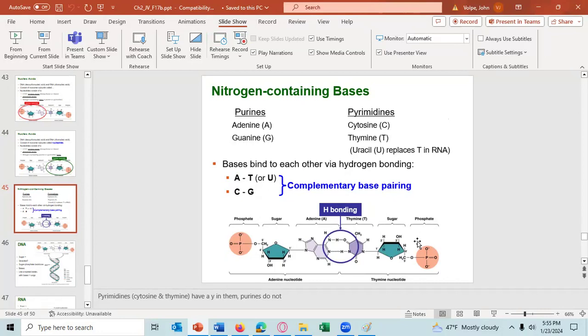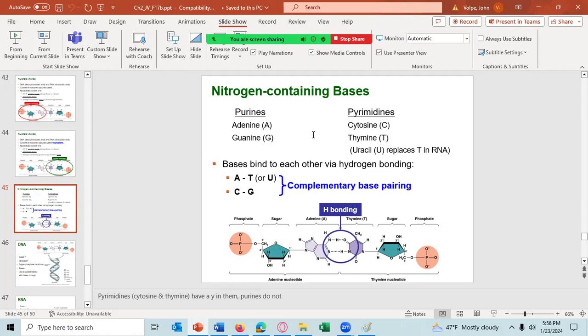How you can remember which one is which is that the word pyrimidine has a Y in it. All pyrimidines in DNA have a Y in them. So cytosine has a Y in it, thymine has a Y in it, and cytosine and thymine are pyrimidines. Purines do not have a Y in them. Adenine and guanine do not have Ys in them. Any question about that?